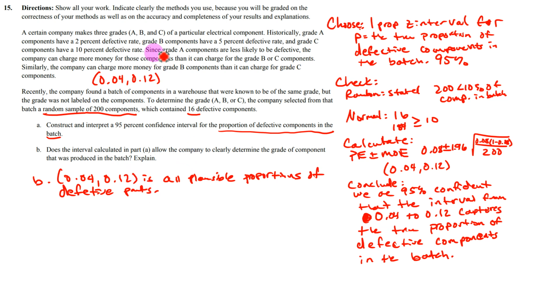So what A has 2%, so it is likely not grade A, as 0.02 is not in the interval.